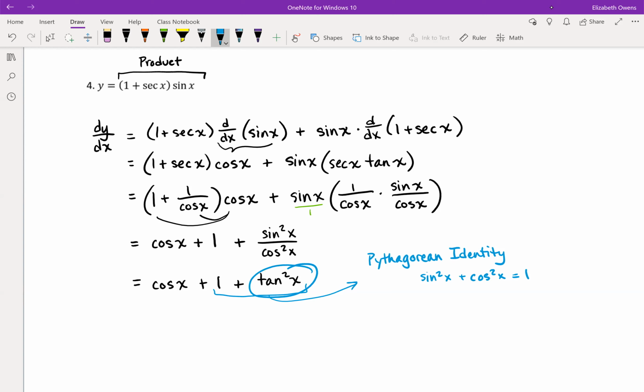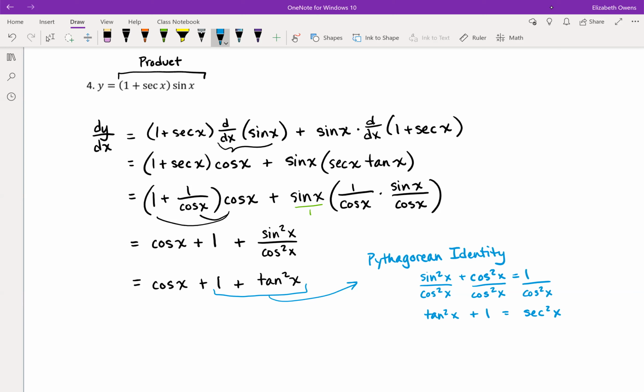Because remember that tangent is sine divided by cosine. So if you divide every single term in your original Pythagorean identity by cosine squared, you're going to come up with this new Pythagorean identity involving tangent: tangent squared x plus 1 equals secant squared x.